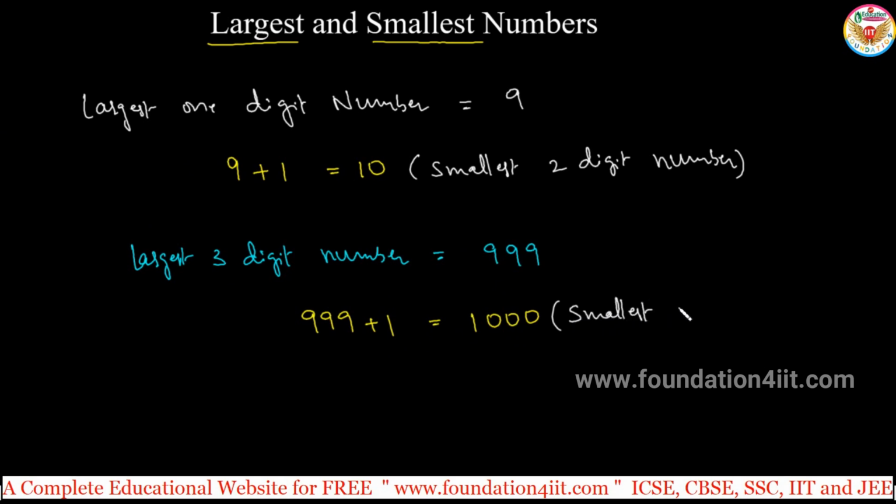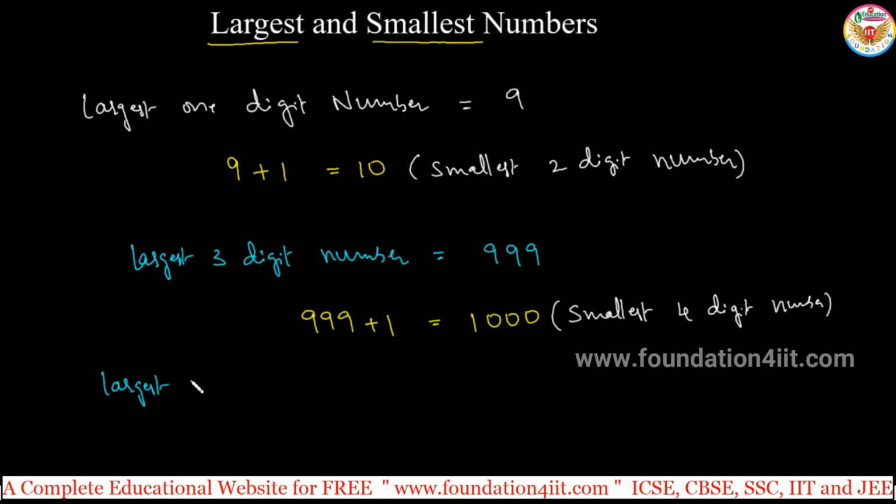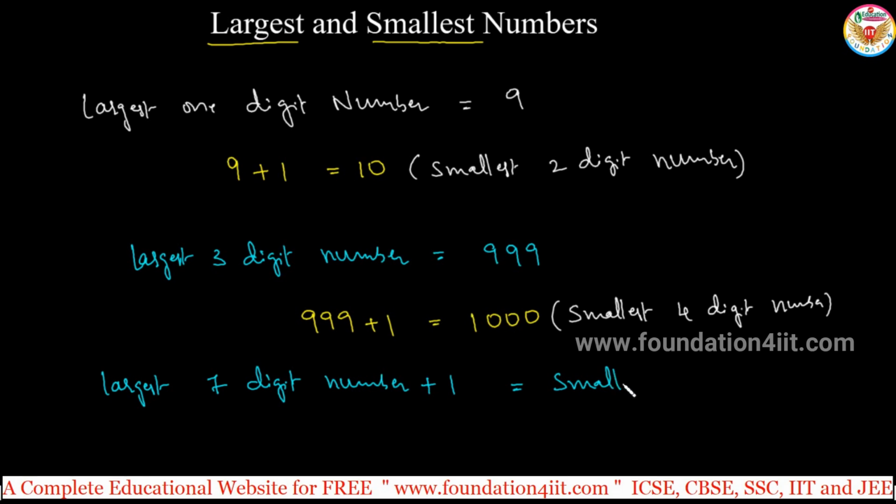Observe the pattern now. Without adding, can we say this? For example, the largest 7 digit number plus 1 is the smallest 8 digit number. So we can conclude that the largest 7 digit number plus 1 is exactly equal to the smallest number of the next position.